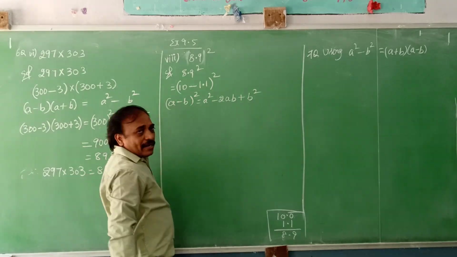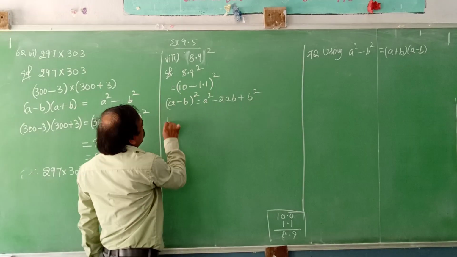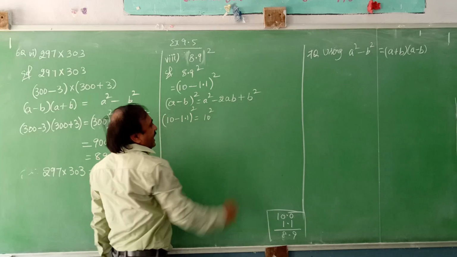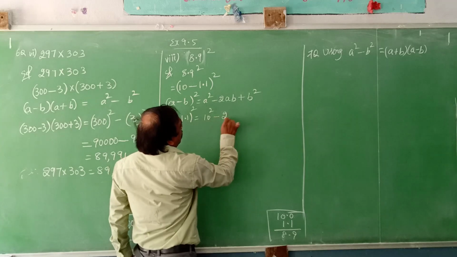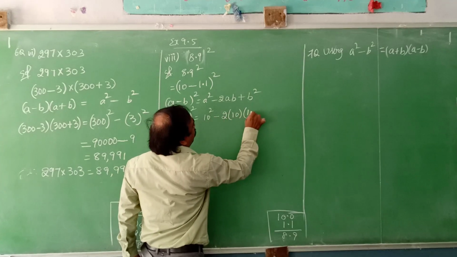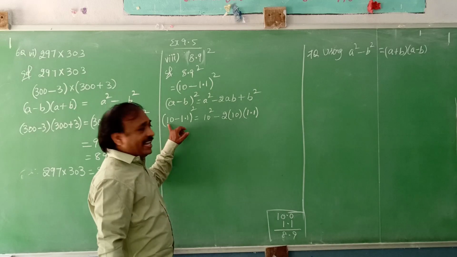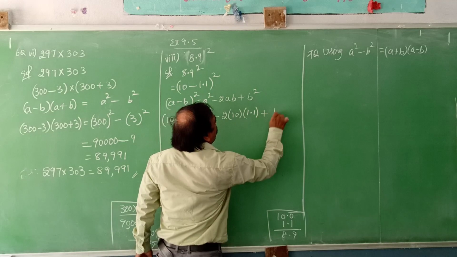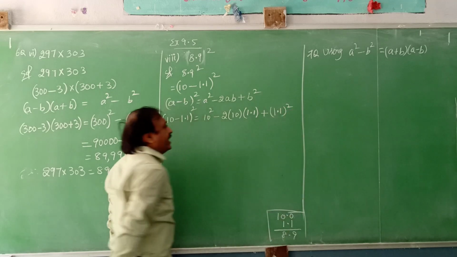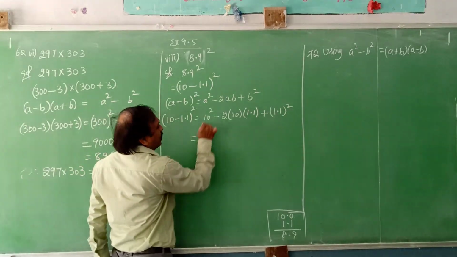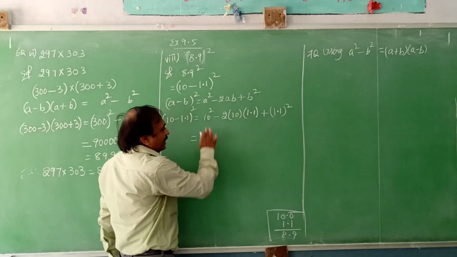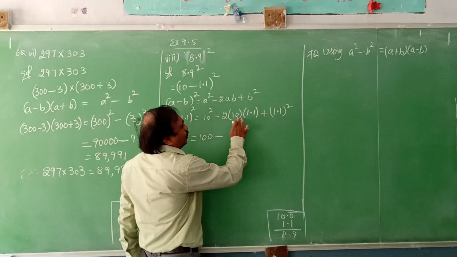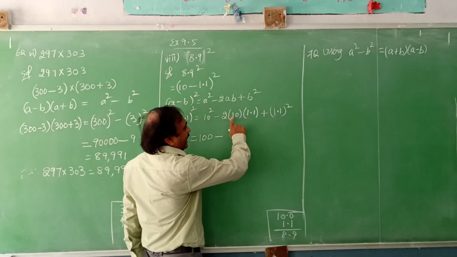So (10 minus 1.1) whole square is equal to 10 square minus 2 into 10 into 1.1 plus 1.1 whole square, which is equal to 10 square is 100, minus 2 into 10 into 1.1. Are you following?